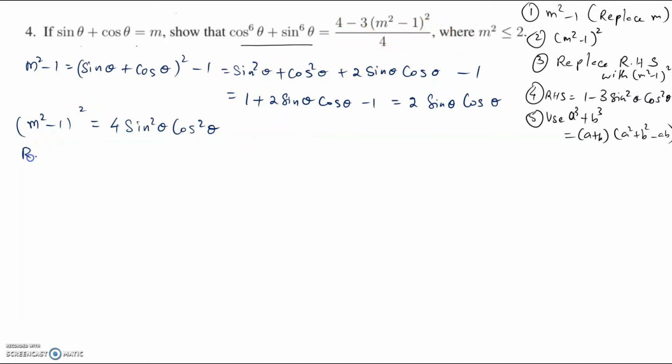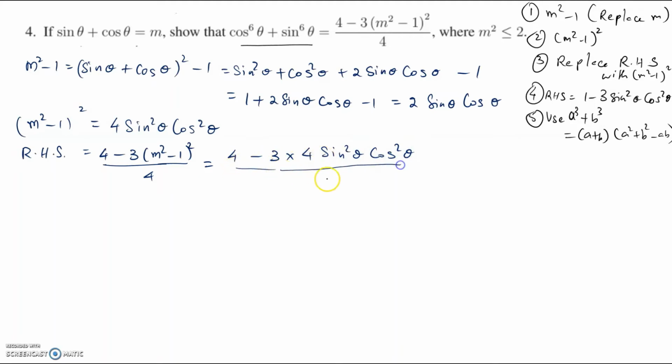So our RHS is equal to 4 minus 3 m squared minus 1 the whole squared divided by 4, which is equal to 4 minus 3 times 4 into sine squared theta cos squared theta, divided by 4.